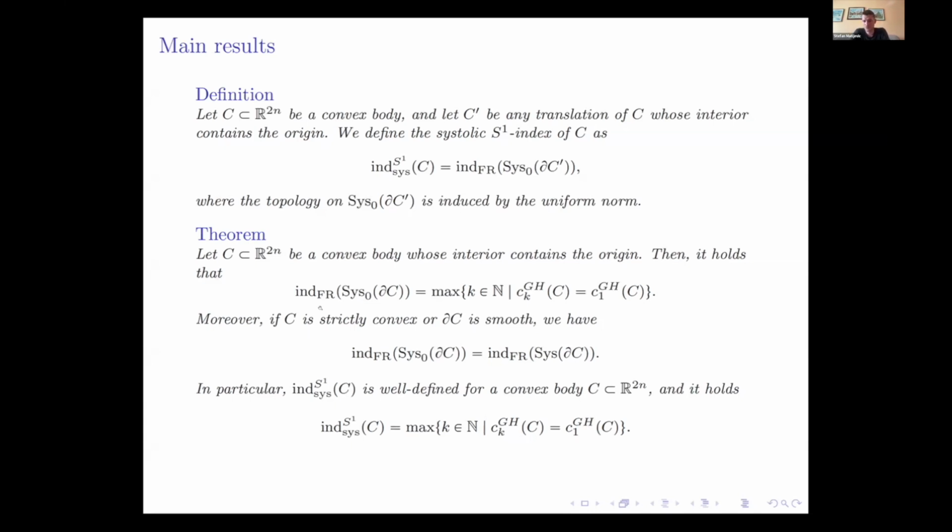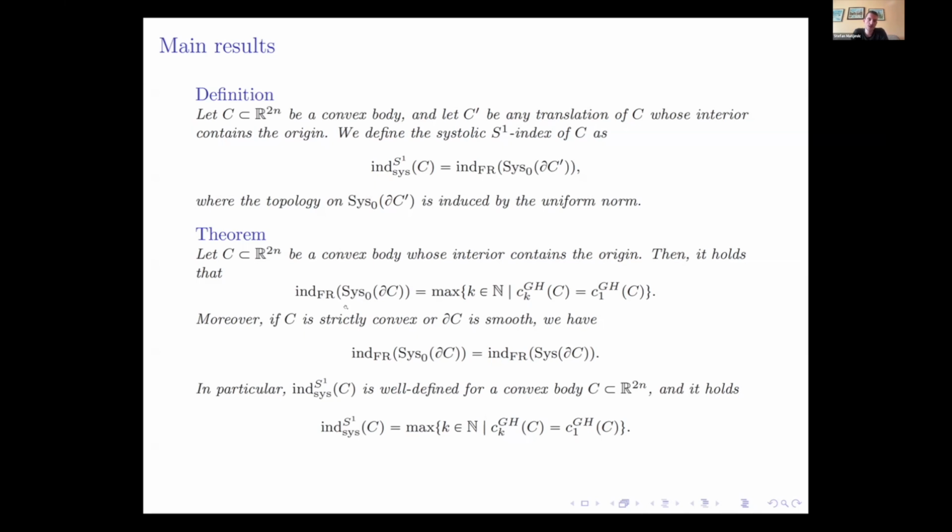And then the other part of the theorem says that if we have a strictly convex body or the boundary is smooth, then the Fadell-Rabinowitz index of the space of centralized systoles is the Fadell-Rabinowitz index of the space of systoles. So in general, we don't know whether this equality holds.